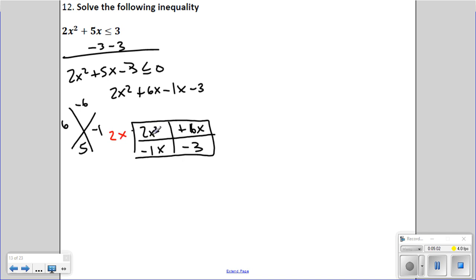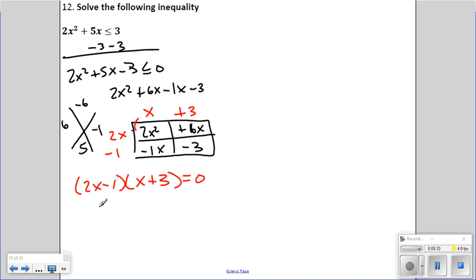Then 2x times x is 2x squared. 2x times positive 3 is positive 6x. x times negative 1 is negative 1x. And negative 1 times positive 3 is negative 3. So now I know that my factors are 2x minus 1 with x plus 3.